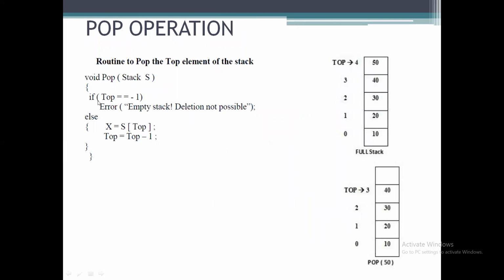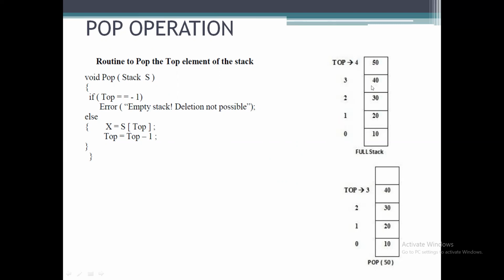And the routine of the pop operation is, first I'm going to check whether my stack is empty or it has elements. The first condition is if top equals -1, which means that your stack is empty or underflow. Then you print stack underflow and leave. If it is not, it has elements, so the first thing you do is declare a variable and assign S[top].